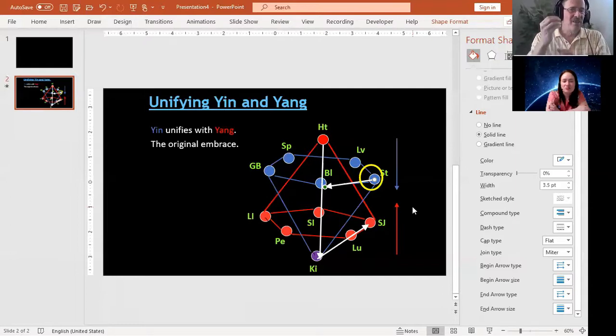So then all of a sudden, you're sitting at stomach, and sitting around you are 5 meridians: heart, liver, sanjiao, lung, and bladder. Those 5 meridians are just sitting around the stomach. Now you have your own little 5-element theory sitting around the stomach.